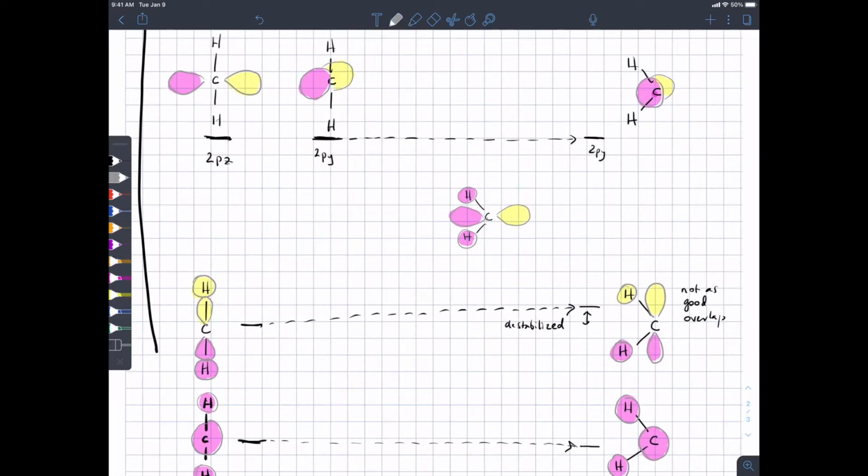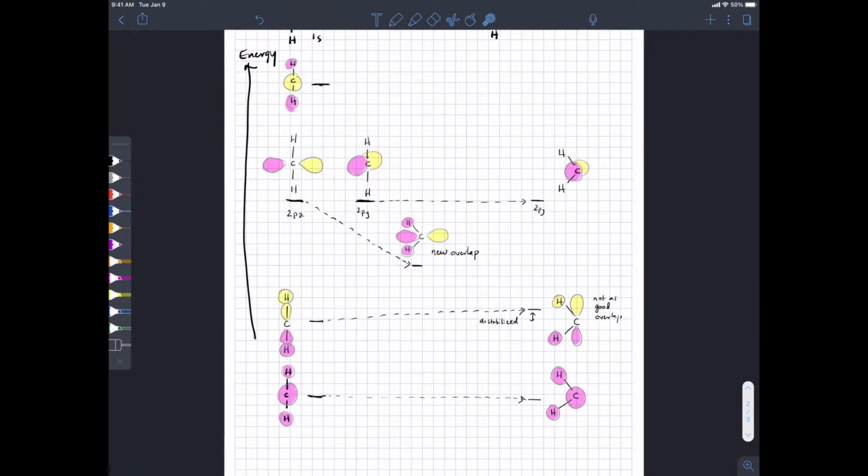I'm going to write this one in the middle because it's not the final orbital that we get. We have to do one more thing. But yeah, the 2pz orbital goes down a whole lot in energy because we get new overlap. And then this one, I'm not sure what should happen to this one. We won't necessarily worry about it other than to draw it.